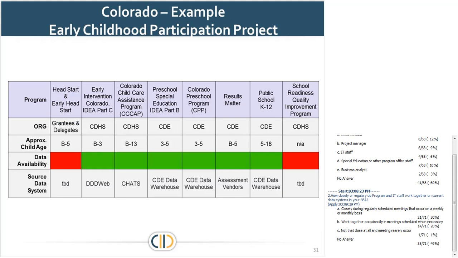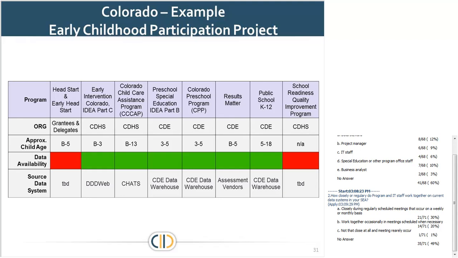Of course, CDE, the Department of Education, our Department of Human Services, and then another part of that program is connecting with Head Start and Early Head Start grantees and delegates to bring their information in to help answer a question about concurrent enrollment of children that are receiving early childhood education programs and services.